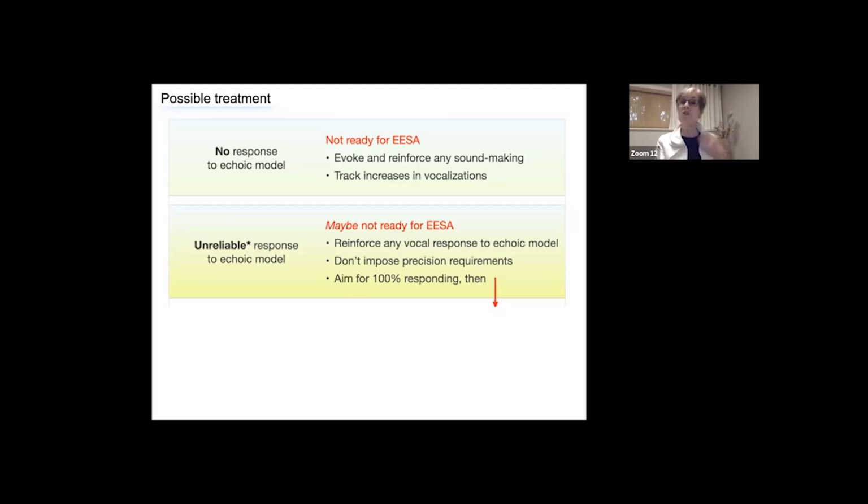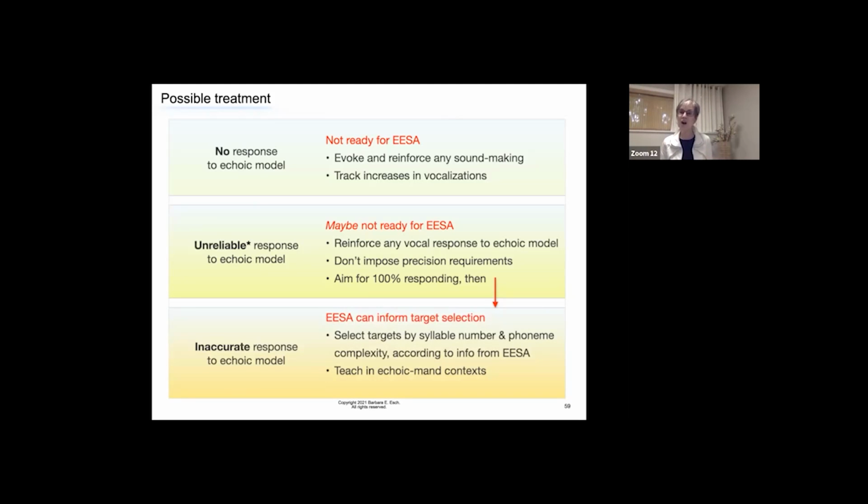Once they're responding, and you're comfortable saying, yeah, when I say something, they say something back, they're a reliable responder to a vocal model and an auditory model, I'd like to reinforce that as an echoic. Then what you do is you select your targets by the number of syllables and the phoneme complexity in those syllables.